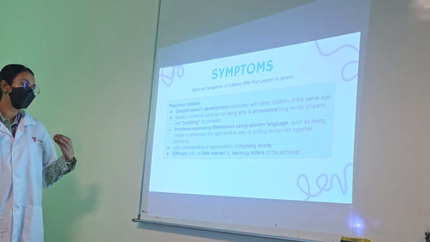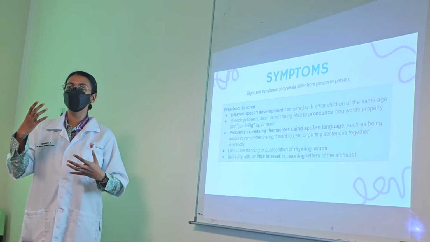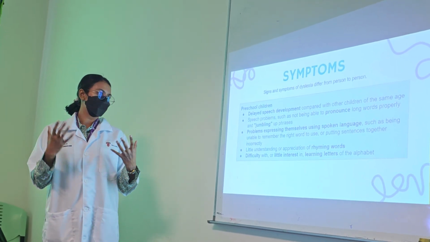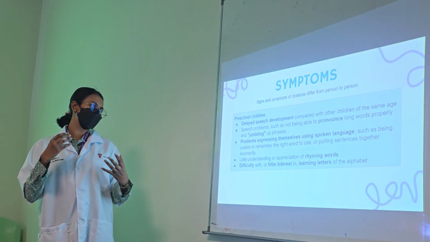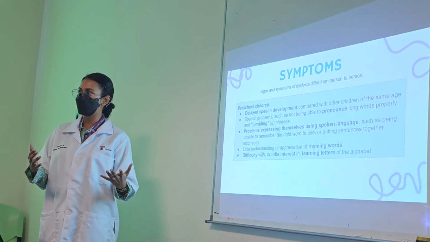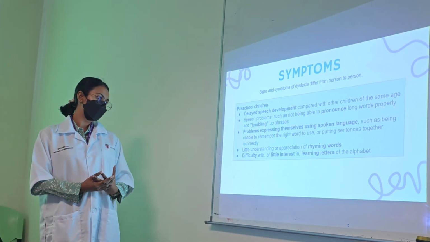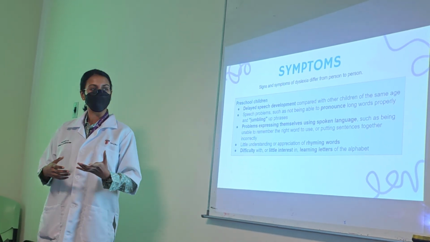They have problems expressing themselves, it's difficult for them to use the right word, or sentences are incorrectly used. They have difficulty appreciating rhyming words like cat sat on a mat, and they have difficulty or little interest in learning the letters of the alphabet.